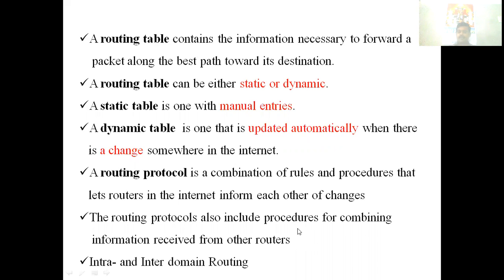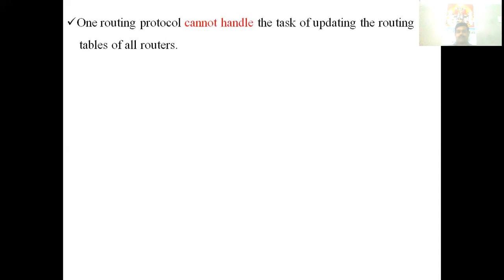There are two types of routing: intra-domain routing and inter-domain routing. First, we are going to study the unicast routing protocols. In these unicast routing protocols there are two types, intra-domain routing and inter-domain routing.